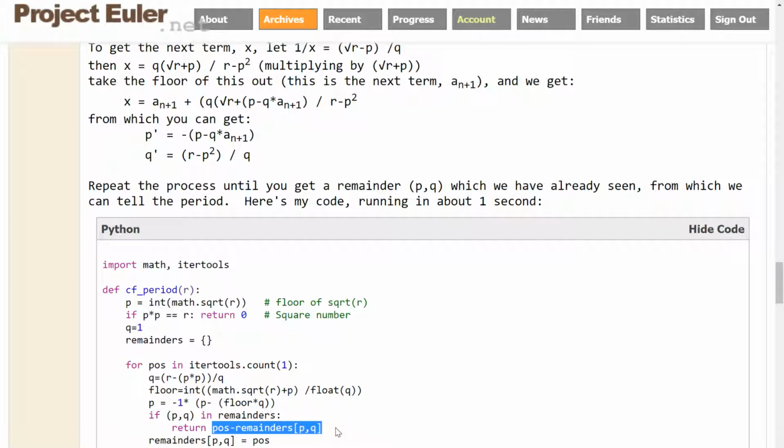Yeah, you want the period length, yeah. So I'm not sure why he just did. He could just do remainders minus 1, I think. I mean, this is the previous position, right? So this should already be, but okay, fine. I'm sure it's equivalent.